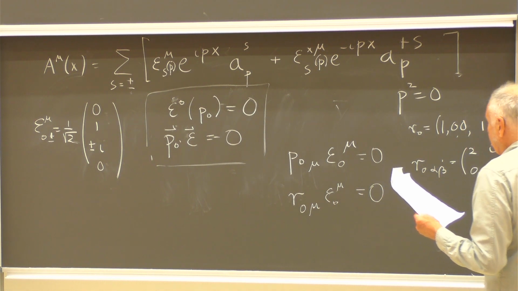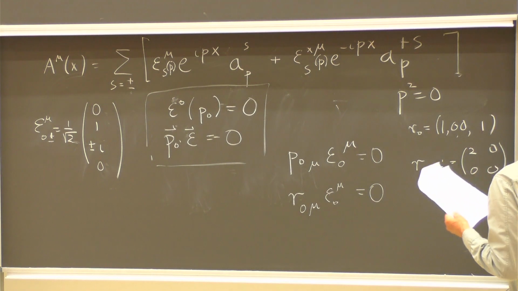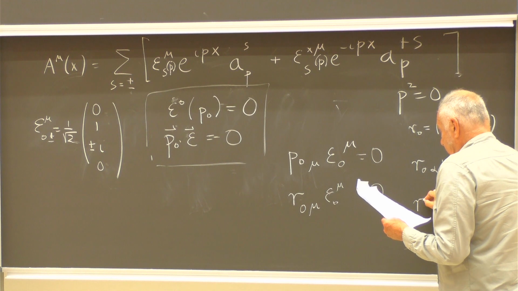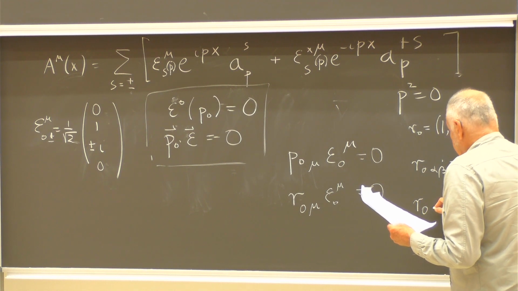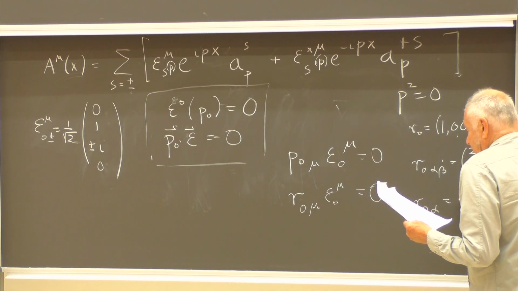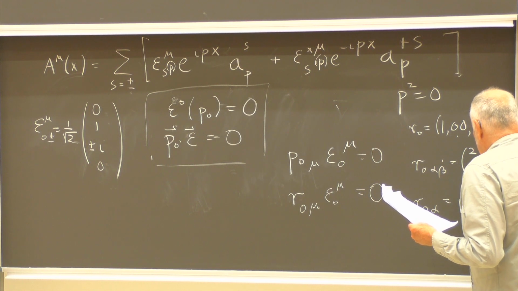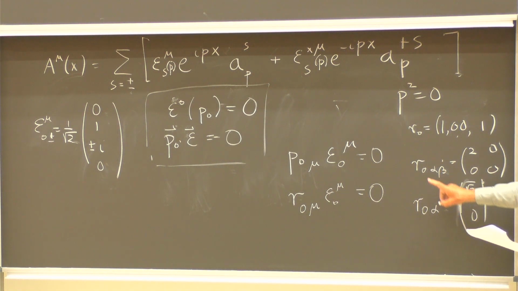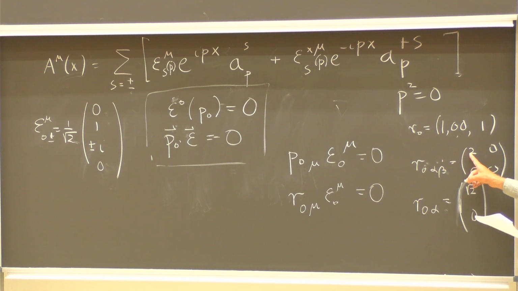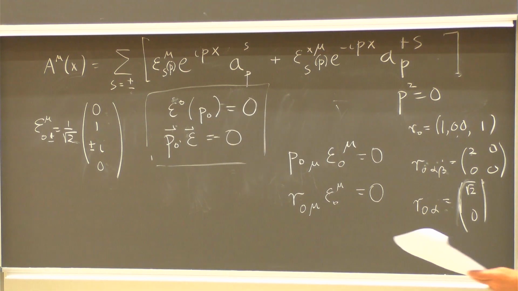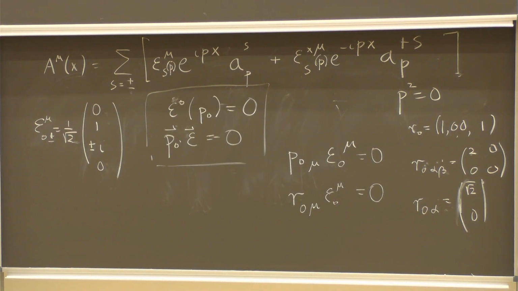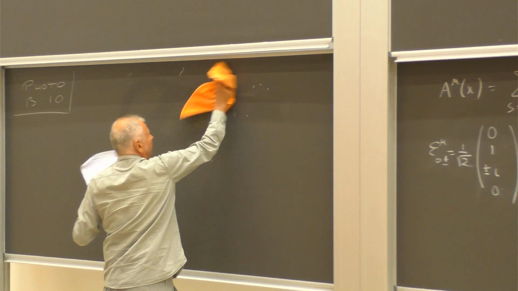I can also write it in a similar way to what I did before for the momentum, introducing spinors, which explicitly here are just the square root of 2 and 0. And then, of course, this matrix vector is just the product of R times R bar. It's completely trivial. Then these polarization vectors can be written in the following way. You can check it explicitly.